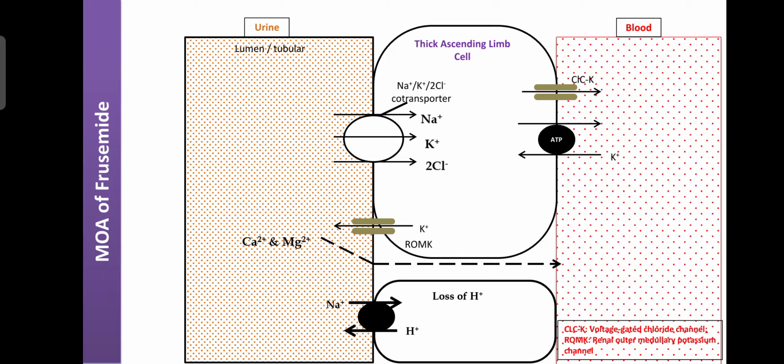So from the urine, they enter the thick ascending limb cells, which are present in the border of the ascending loop of Henle, with the help of this pump, from the lumen into the cell.